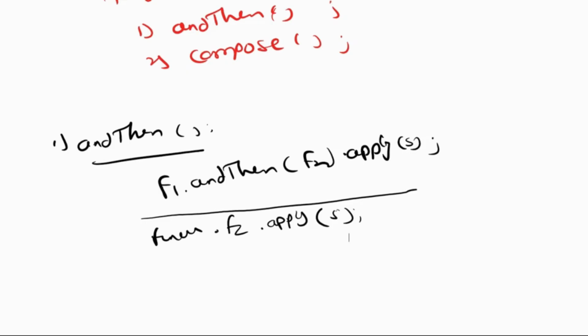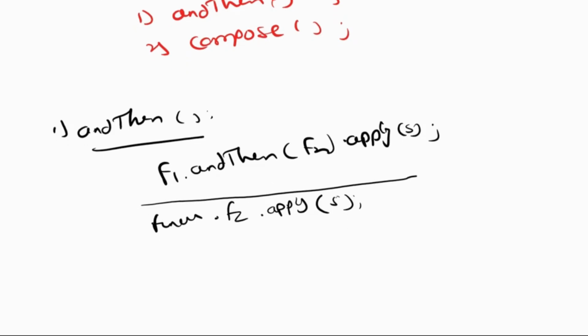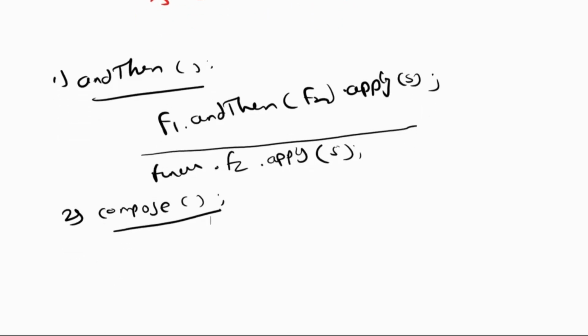Now, if you ask me about the working of the compose method, compose is also just like the andThen method itself. Let me write how we have to use it: f1.compose(f2).apply, suppose yes, any given string.